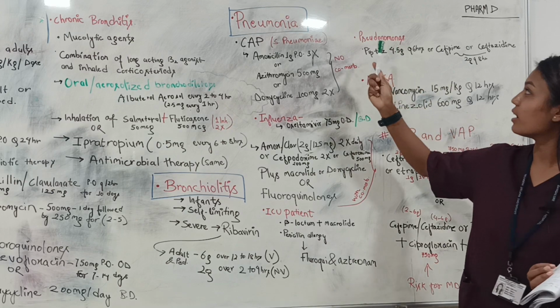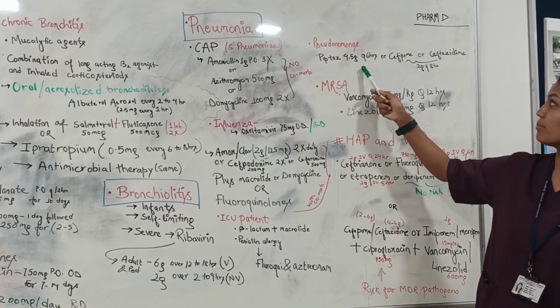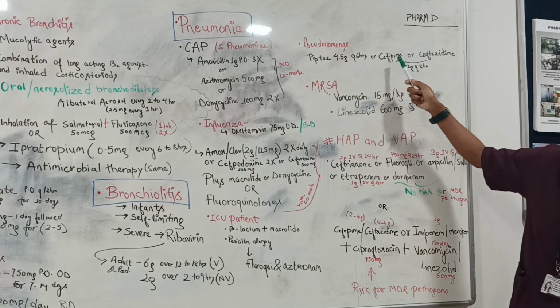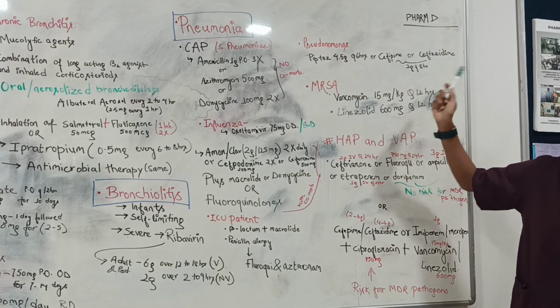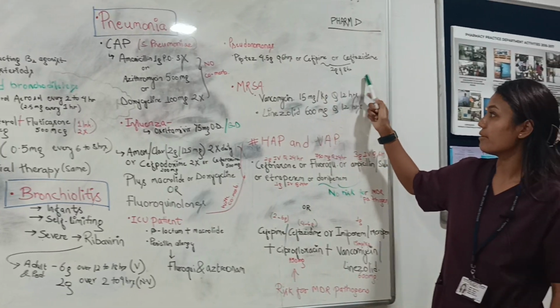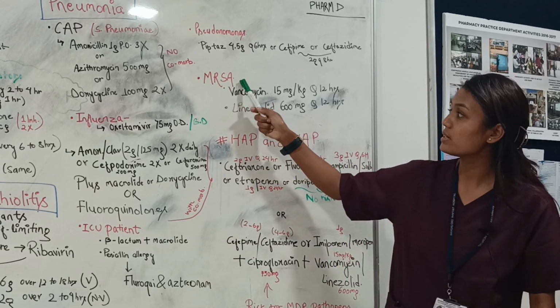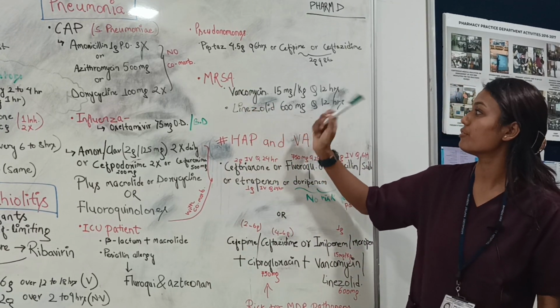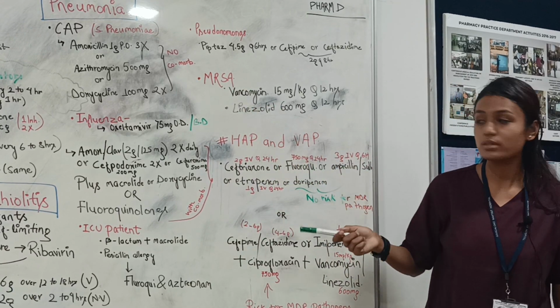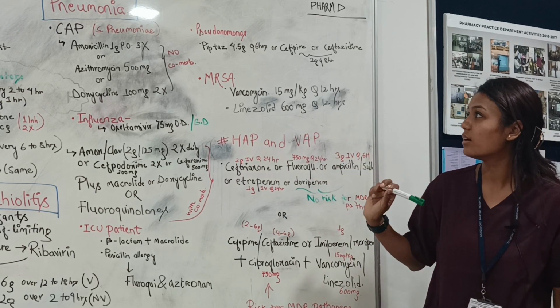Now, if the organism is Pseudomonas, then we can use piperacillin-tazobactam 4.5 gram every 6 hours, or a 4th generation or 3rd generation cephalosporin, that is cefepime or ceftazidime, which is 2 gram every 8 hours. Now, in case of methicillin resistant Staphylococcus aureus, we can use vancomycin 15 mg per kg every 12 hours, and linezolid 600 mg every 12 hours.